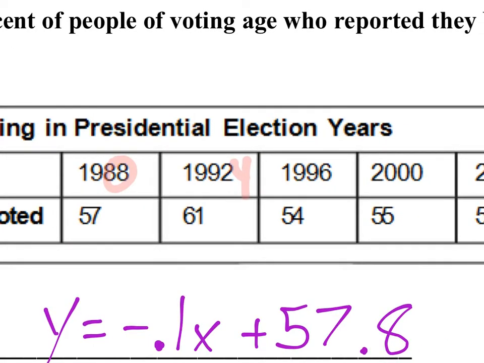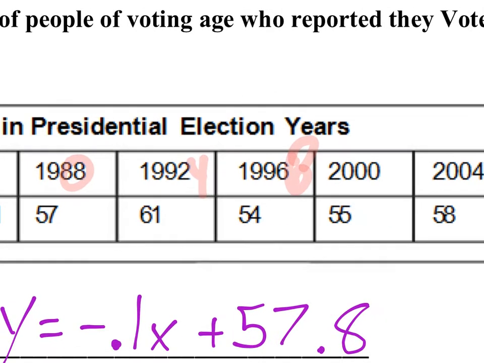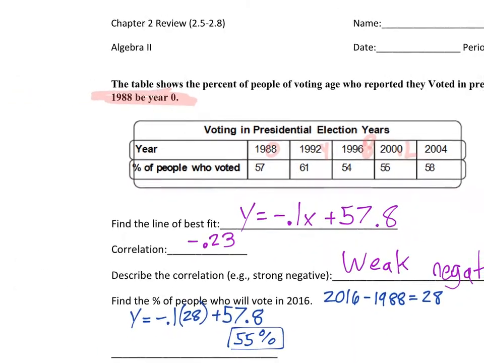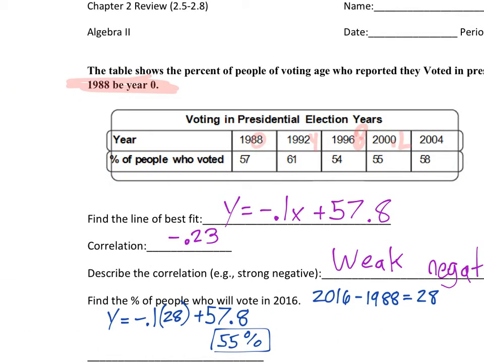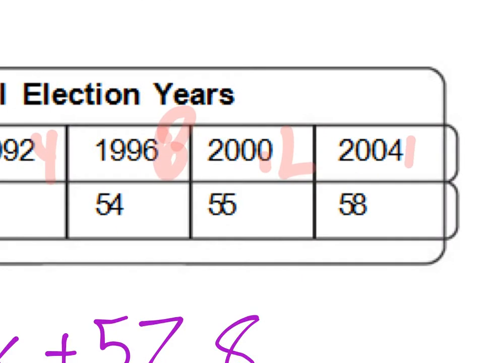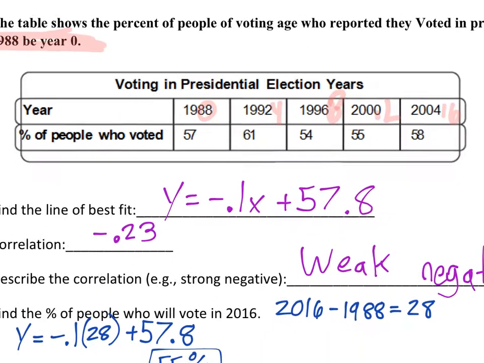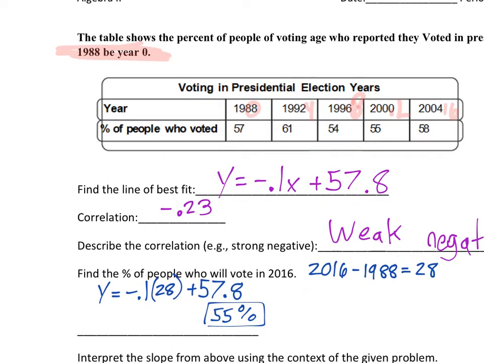This will be year 8 here, right? Because it's years past 1988. And then here we would have year 12. So if you were getting different data than me down here, that's probably why. You didn't set 1988 as year 0 and then count the other years as years past, right? Making this year 16.